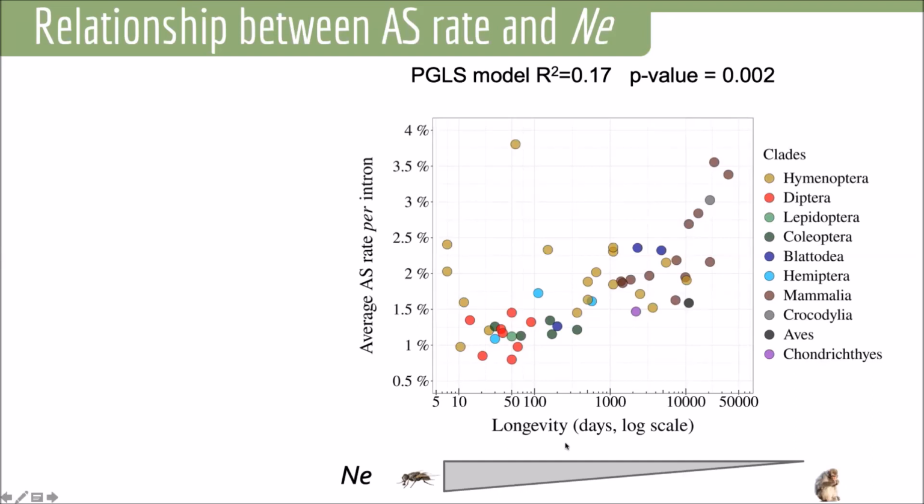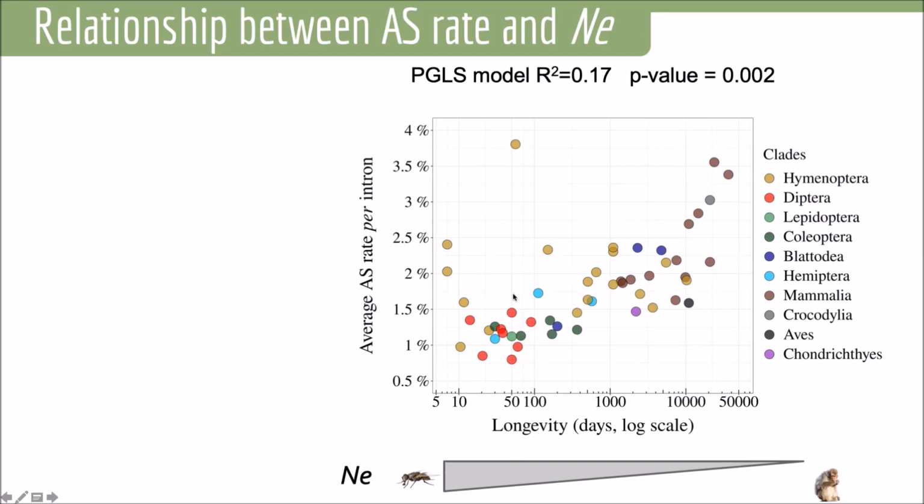Here, as a proxy for effective population size, we use longevity. So this is an inverse proxy of Ne. Short-lived species generally have a high effective population size, while long-lived species have a low effective population size. And on the y-axis, it's the average rate of alternative splicing per intron on the introns from Busco genes.